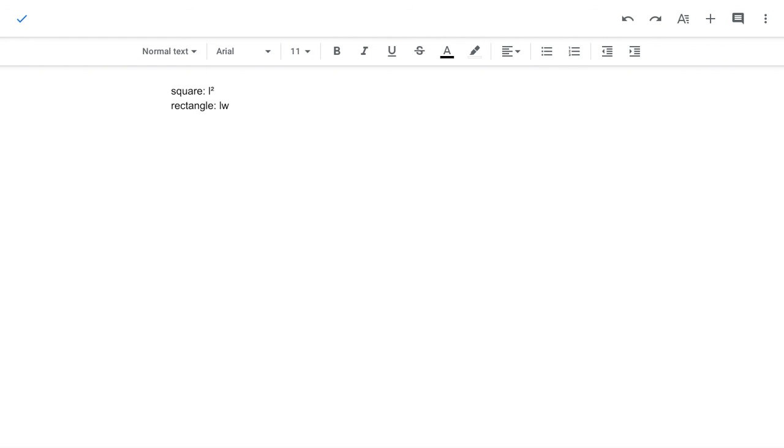So those are the easy shapes, but now let's get on to more complex 2D shapes. First, let's do the triangle. A triangle is half of base times height.